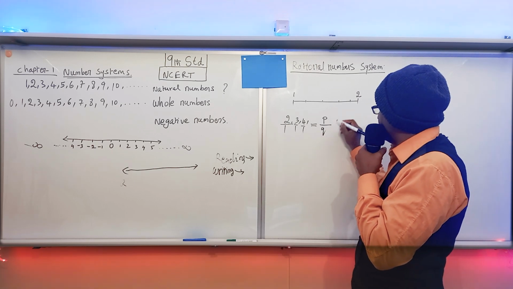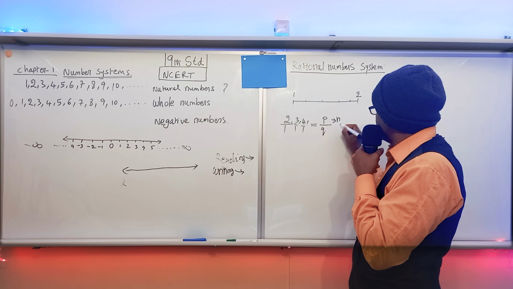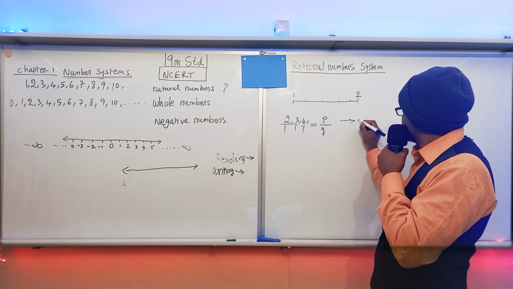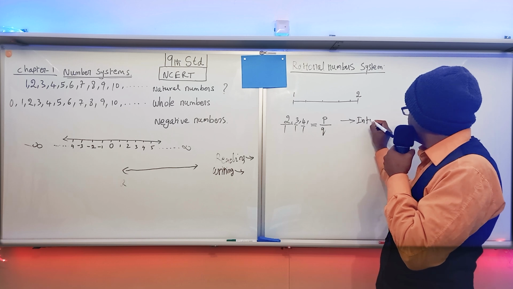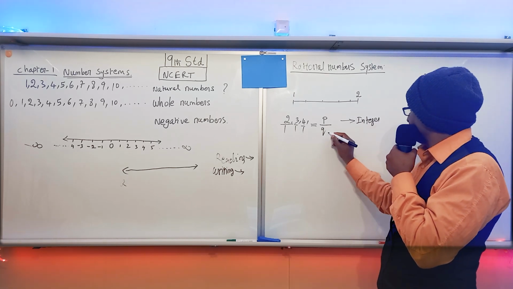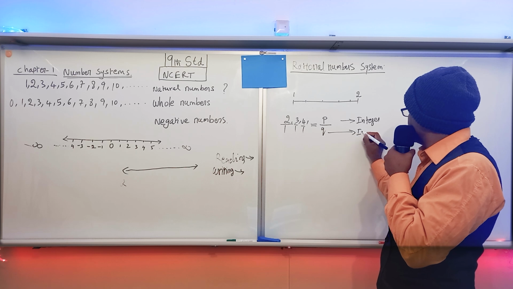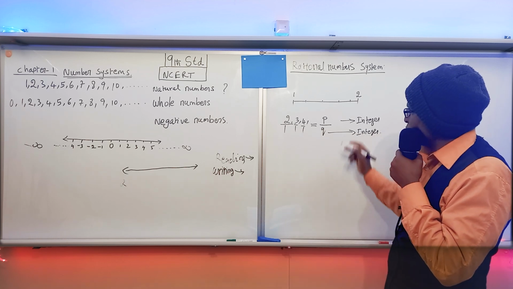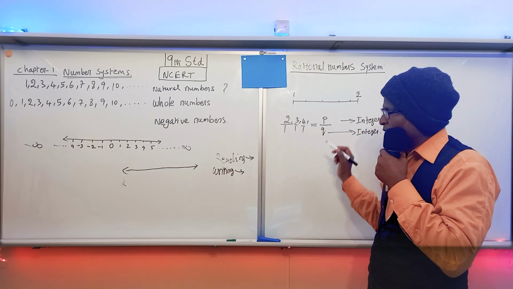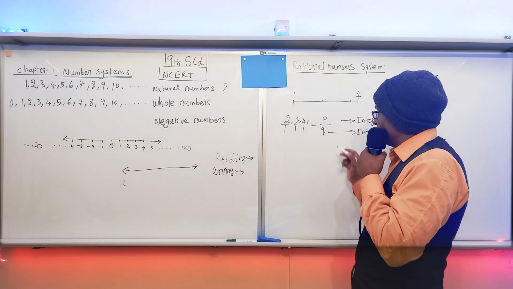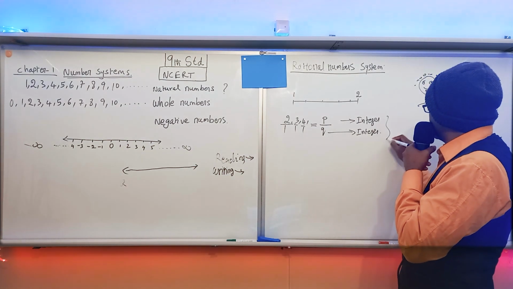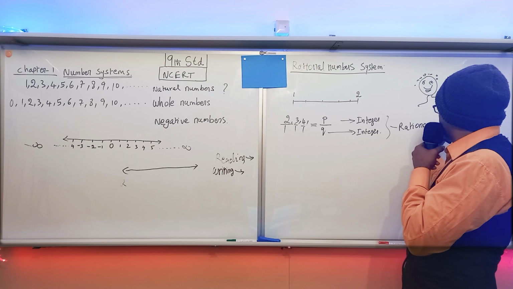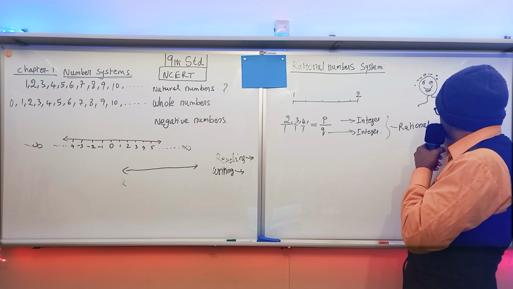Both must be integer numbers. So when you take one integer number and divide by another integer number, you get a rational number.